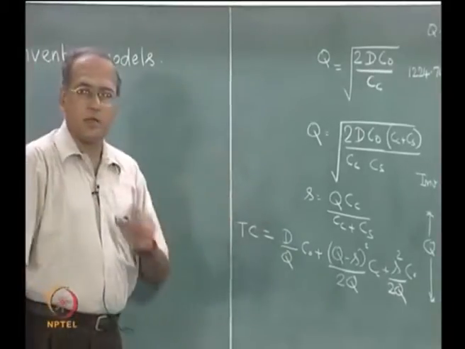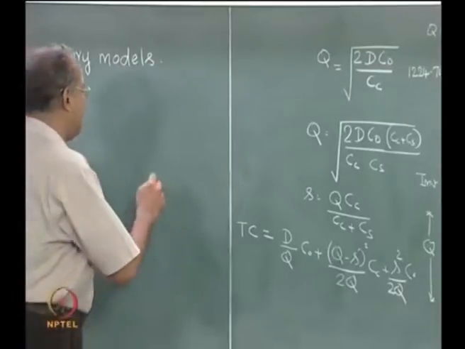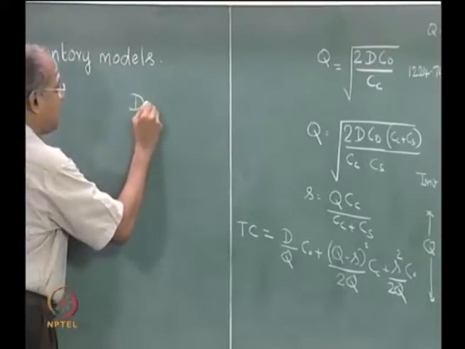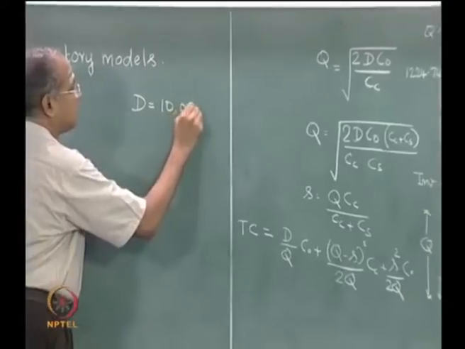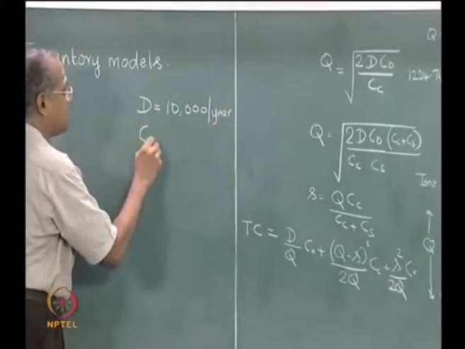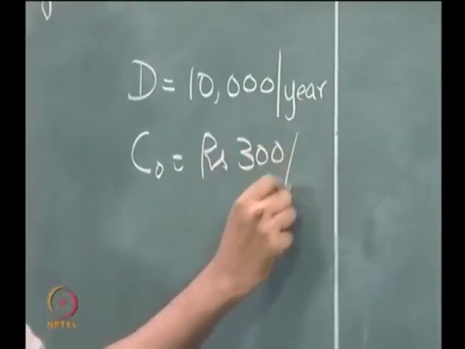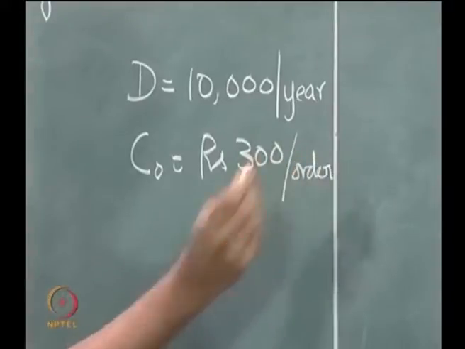Earlier we had taken a numerical example to illustrate this, where we had assumed D annual demand is equal to 10,000 per year. We had assumed C naught, which is the order cost, as rupees 300 per order.